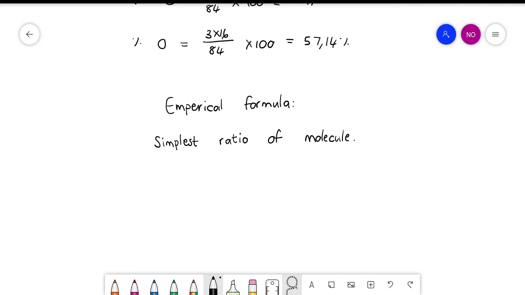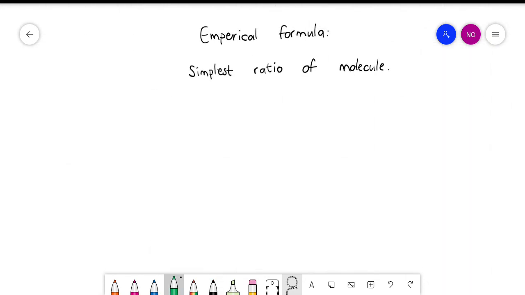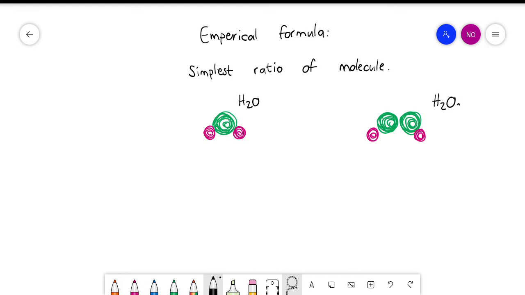Okay, goed. Kom ons kyk na 2 verskillende molekules. Okay.